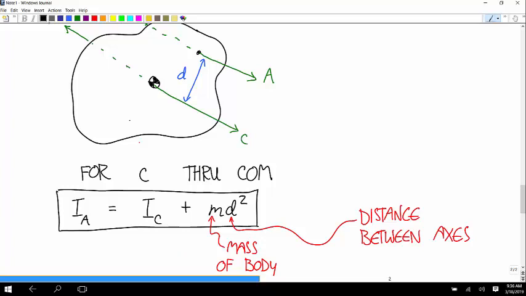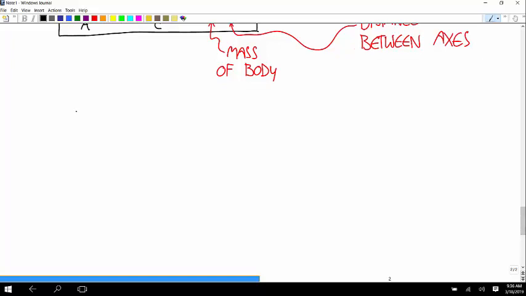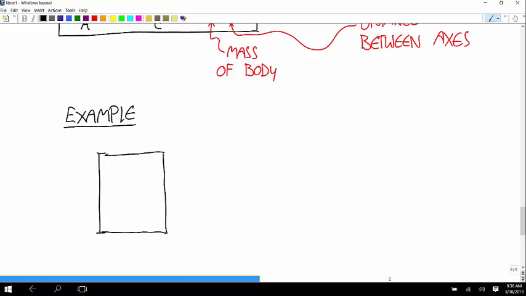Okay, let's do an example. So let's say we have a rectangle in 2D.